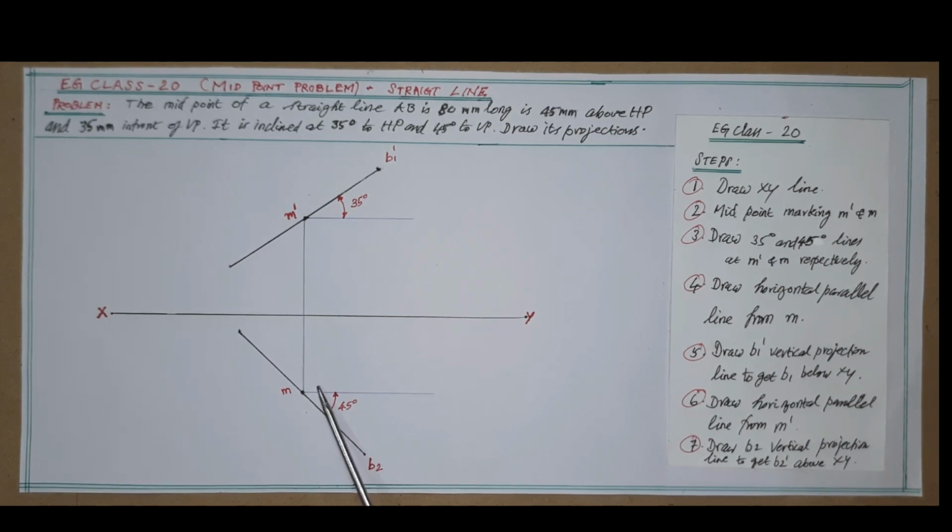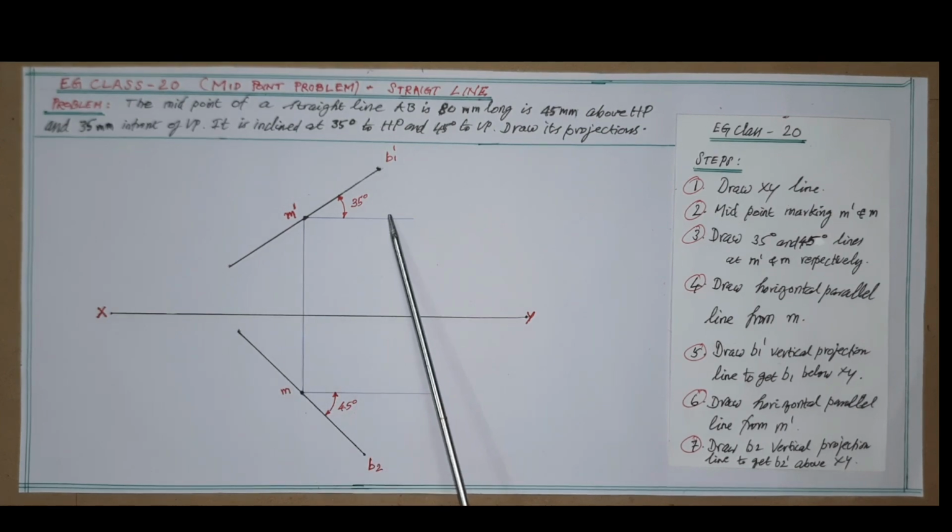Hence, first assume that the straight line is inclined to HP only and parallel to VP. Then assume that the straight line is inclined to VP only and parallel to HP. The combined final view for both of the above cases will give the required final image.